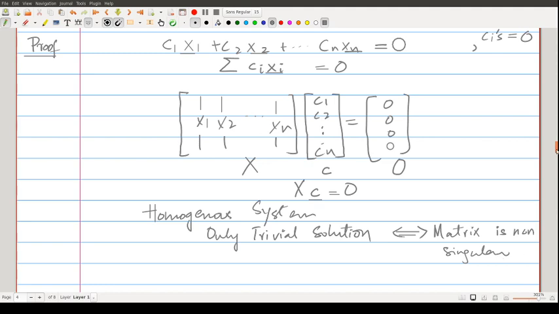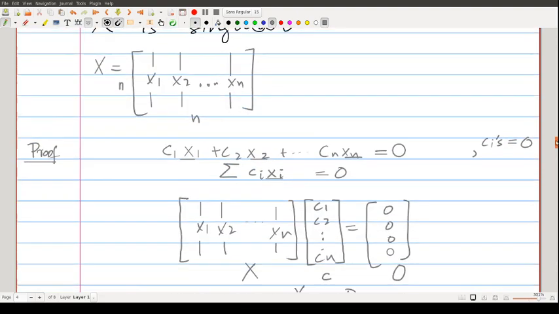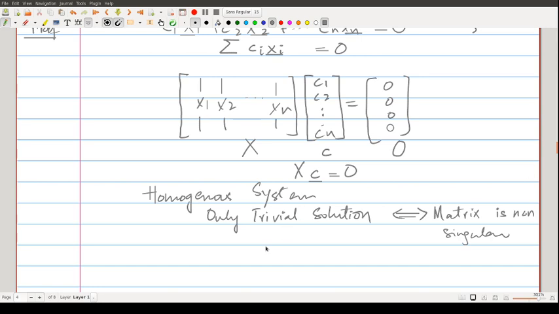So the idea is that, actually there's a mistake here, the vectors will be linearly dependent if and only if X is singular, right? Now, if you have a trivial solution for this system, trivial solution means that c1 equals c2 equals dot dot dot cn equals 0.